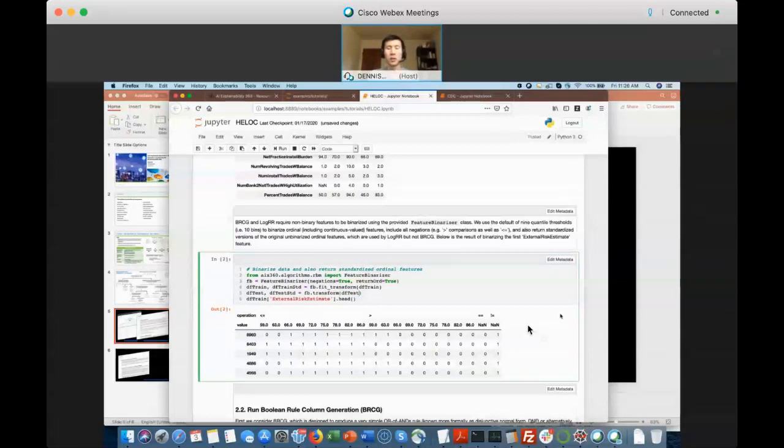So this was the first feature, something called external risk estimate. And here it has been, as you can see, discretized using a number of thresholds. You can bear with my scrolling. You can see that the first applicant here, ID 8960, had an external risk estimate of 64.